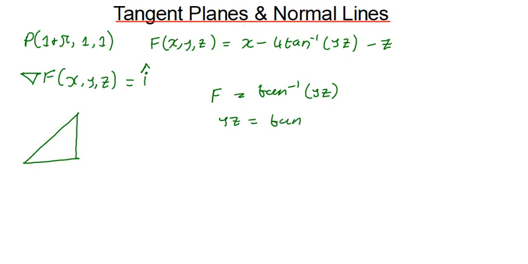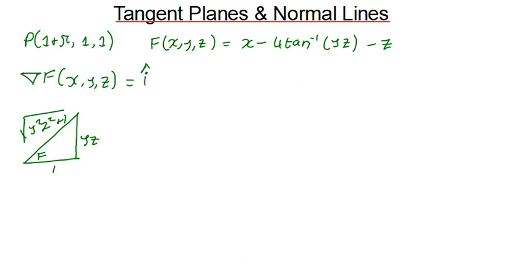This is just a method that will help us find the derivative of tan inverse of yz. If you put your angle to be f, then yz is the opposite, and you have 1 as the adjacent, since tan is opposite over adjacent, making the hypotenuse the square root of y squared z squared plus 1. So this method is going to help us come up with the derivative of that inverse.